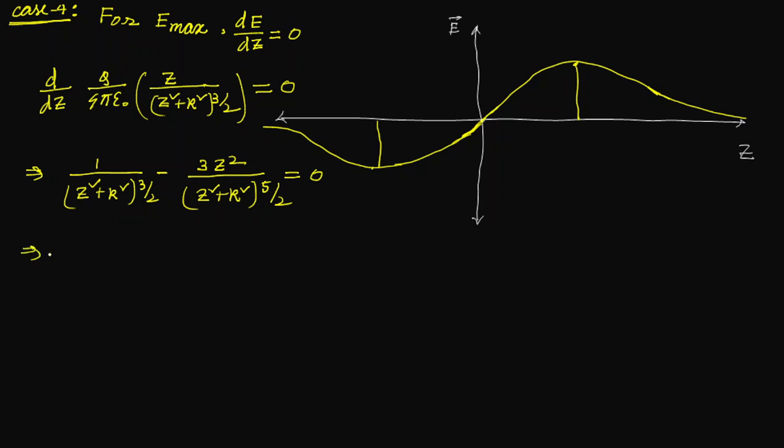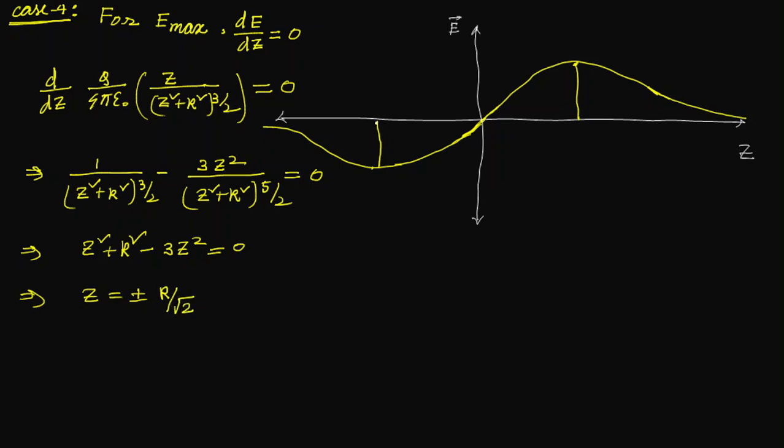So if we calculate the value of z from here, we get z square plus r square minus 3 z square equals 0. So finally we get z equals plus minus r by root 2.